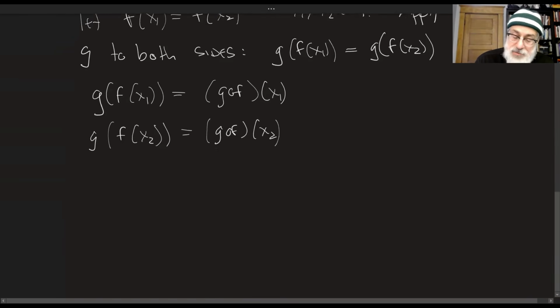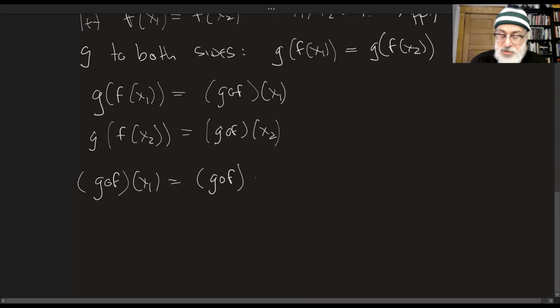So what we have here is G composed with F of x1 is equal to G composed with F of x2, and the little circle is the composition notation.